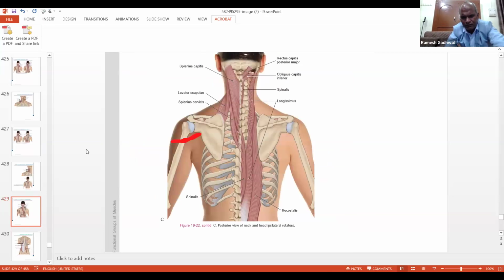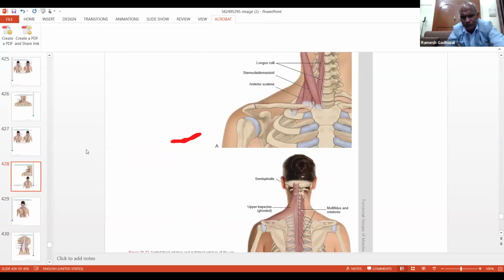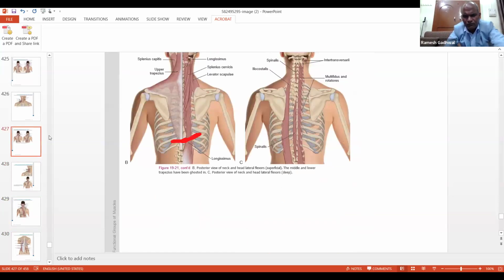Sir, to needle the dorsal area for which problem? Which needle? 11.27 for plantar fasciitis, heel pain, heel spur, heel bone spur. Okay.